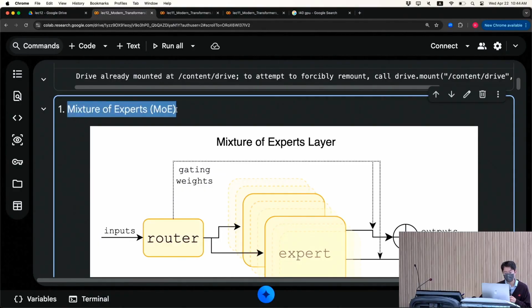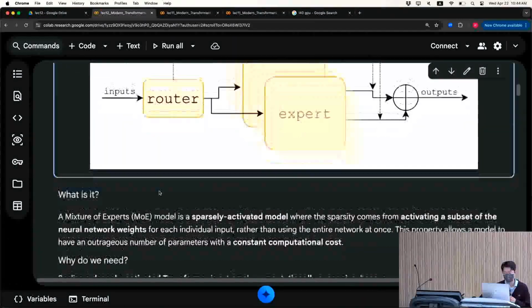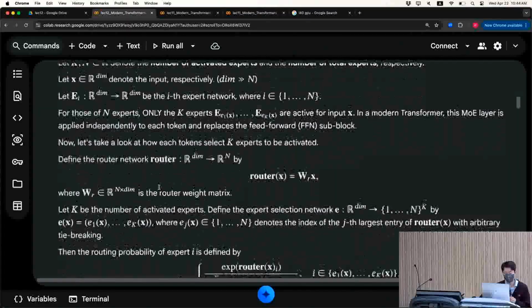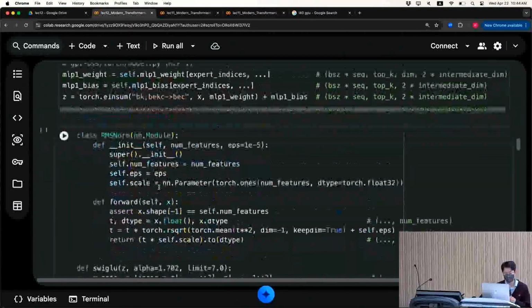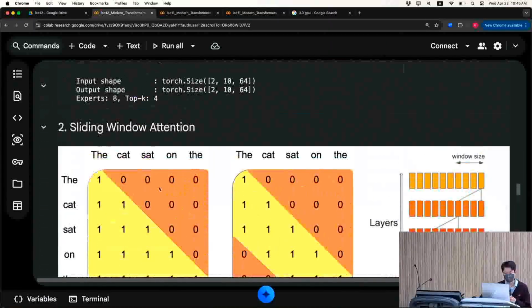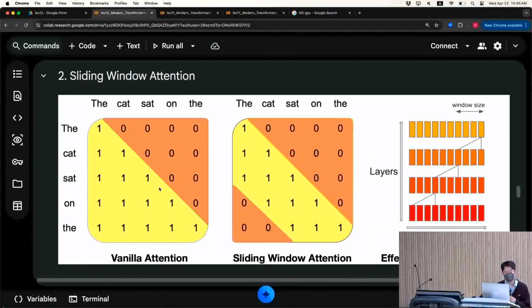And MoE, we talked about this, but the implementation detail is slightly different for the OSS model. And it also has this thing called sliding window attention. So do you really need to do full attention for every single layer? The answer in the OSS model is no.